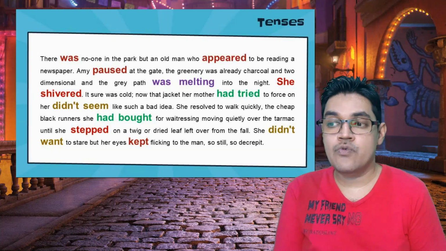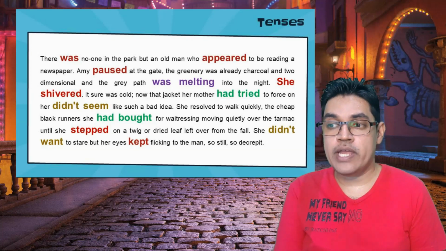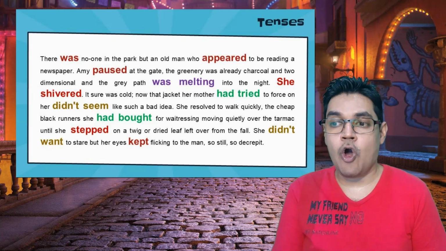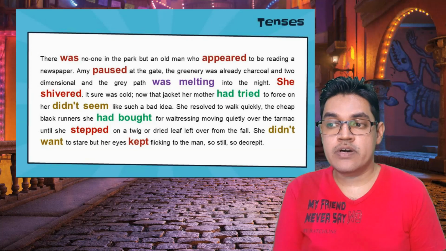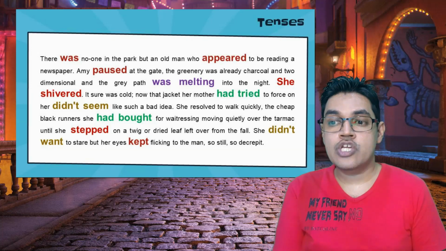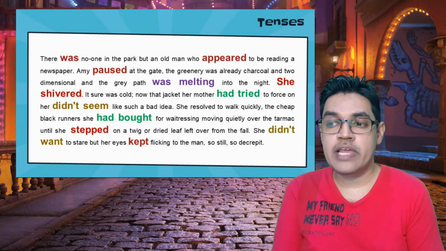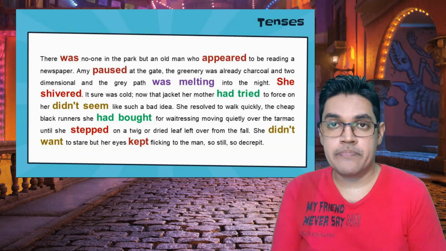She resolved to walk quickly, the cheap black runners she had bought for waitressing moving quietly over the tarmac until she stepped on a twig or dried leaf left over from the fall. She didn't want to stare, but her eyes kept flicking to the man, so still, so decrepit.